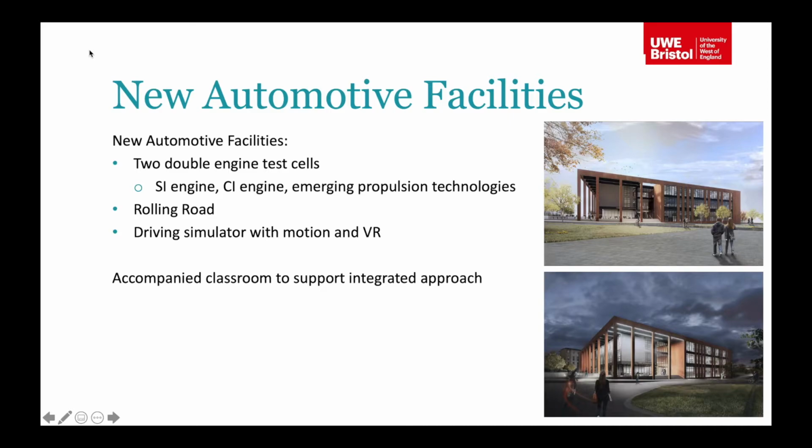We also have a rolling road, which is essentially a full vehicle chassis dynamometer. So instead of it just being an engine, we can actually drive a car and put that on the rolling road. And we also have a driving simulator with full motion and virtual reality as well, which is available to be used by the students as part of the engineering programs.